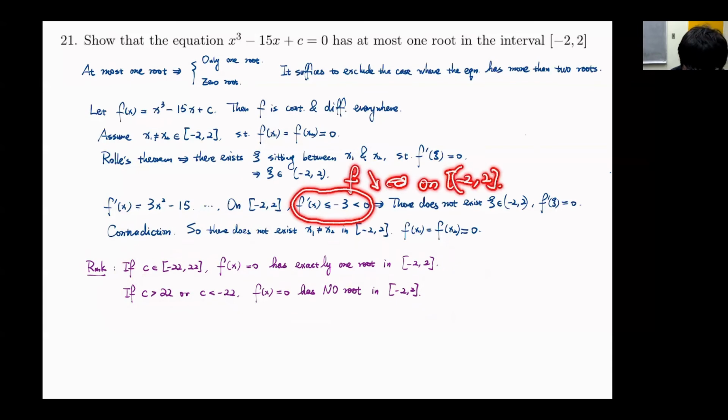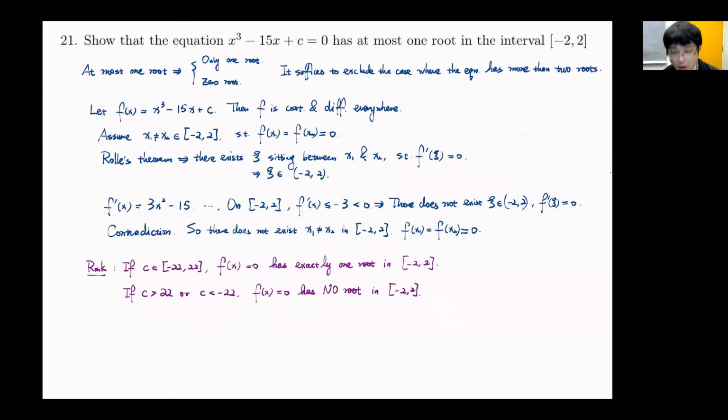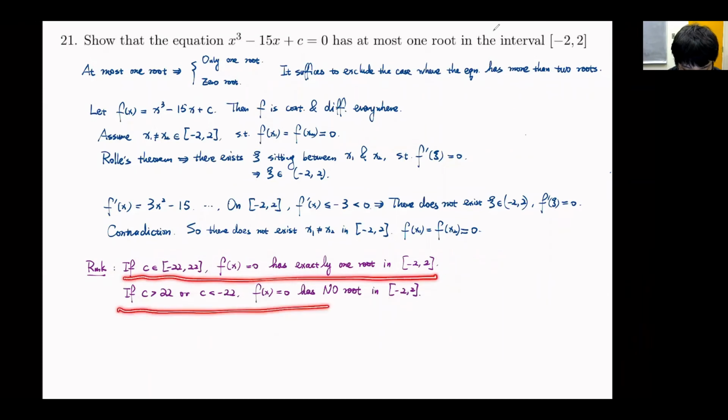So if you test that f of -2 is less than 0 and f of 2 is also less than 0, then you will see that the function cannot possibly take 0. So either the graph will be strictly above the x-axis or strictly below the x-axis. All right, I will leave it to you to figure out more details about these two remarks. And if you're confused, feel free to ask.